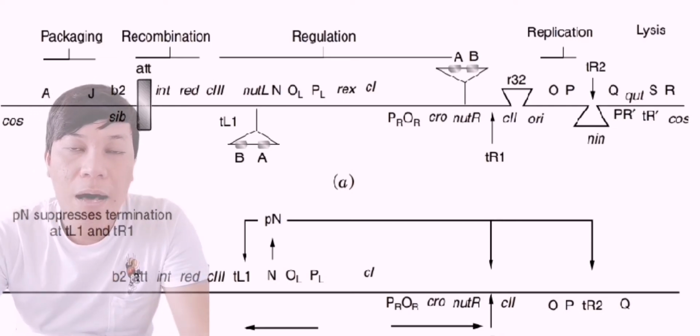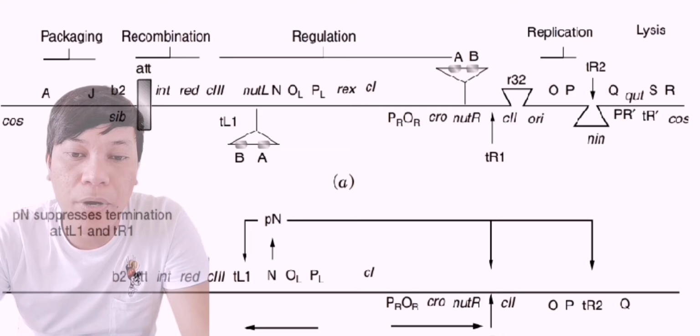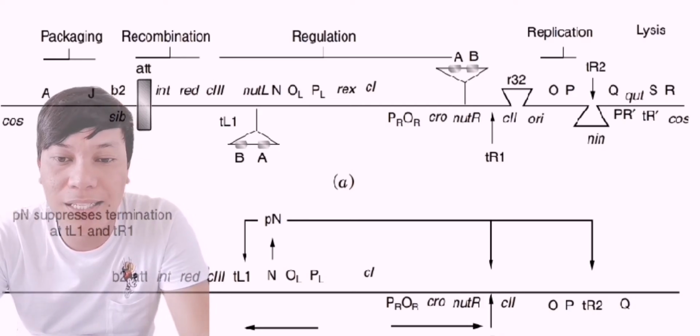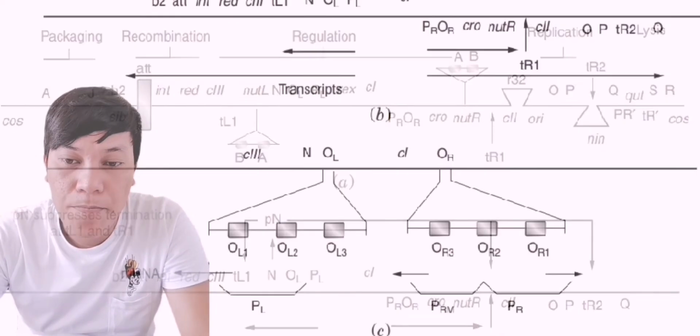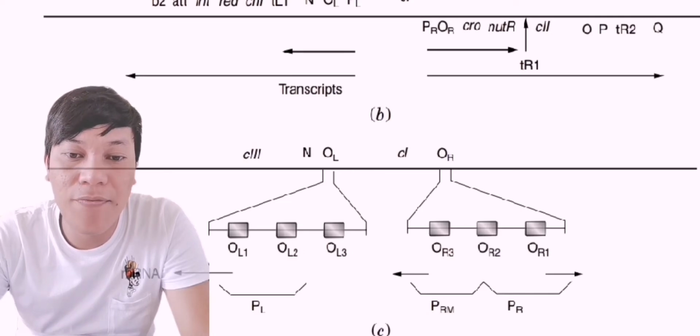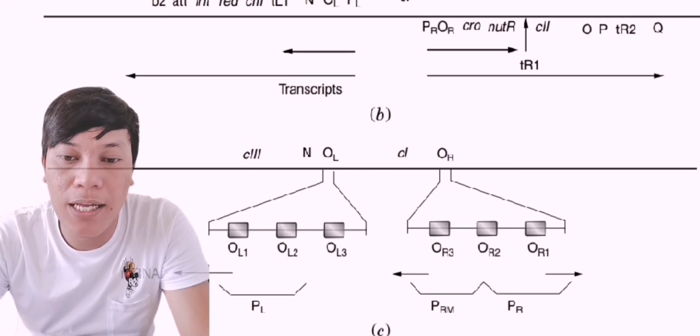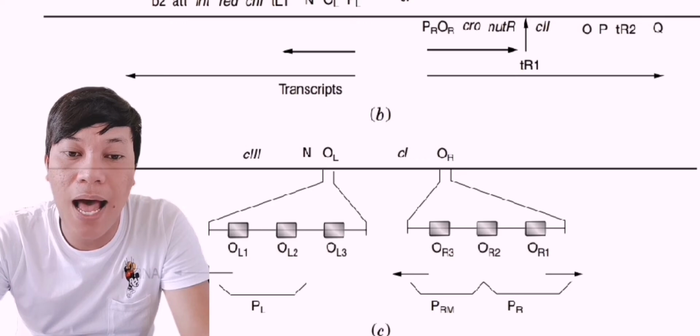The lambda genome, having 42.5 kDa, expresses approximately 50 proteins. The genes of this phage can be grouped into 4 categories based on their roles in either lysis or lysogeny.